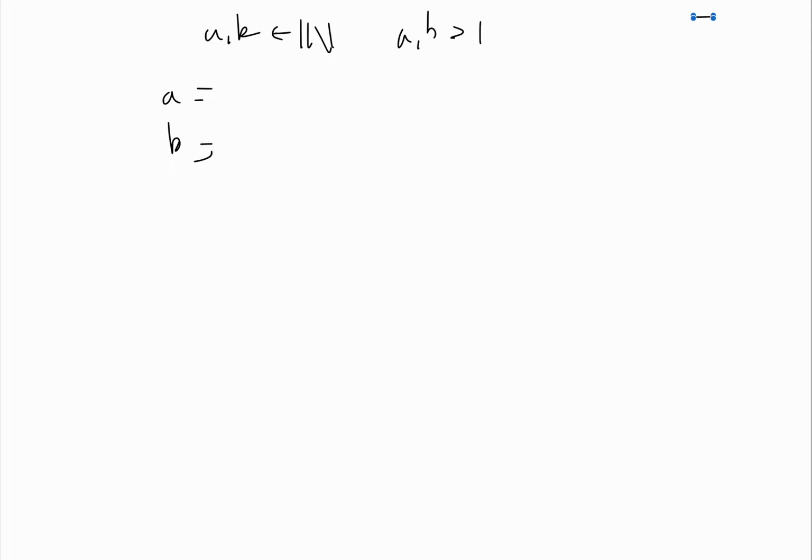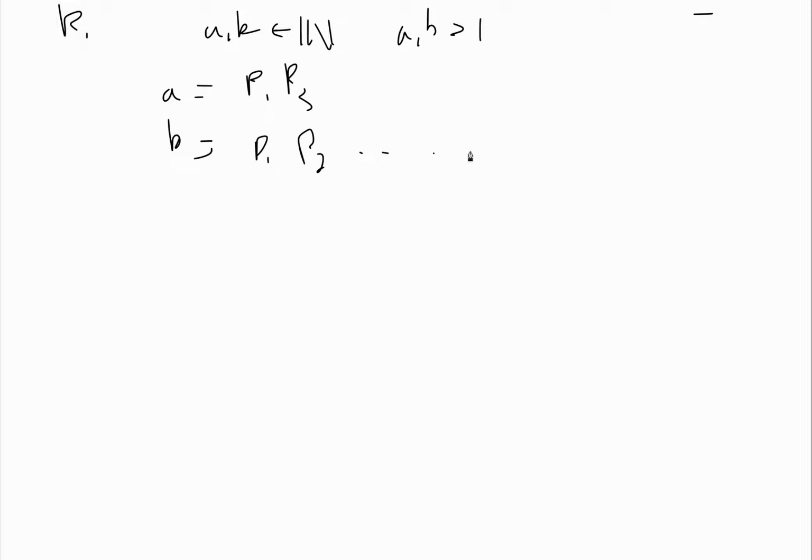Then we have some prime numbers p1, p2, and so on. Now let's say lambda 1 and lambda 2 are denoted as powers greater than or equal to 1.